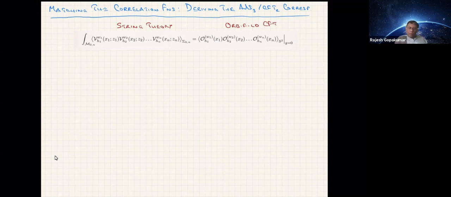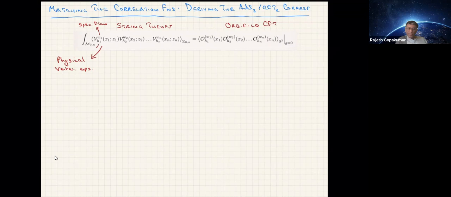So what we have here is essentially that these are physical vertex operators of the string theory. The w's, of course, label the spectral flow. For each physical state that I mentioned earlier, there is a vertex operator by the usual operator-state correspondence.